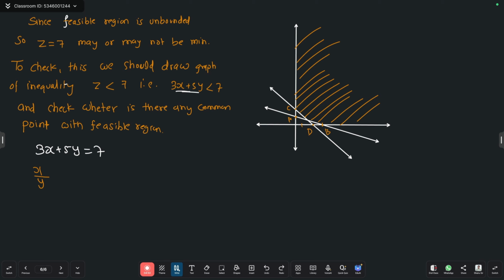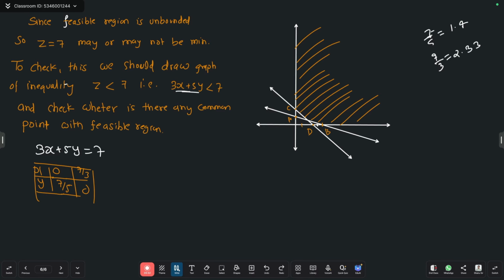If I draw this line, suppose I take x value 0, then what is y value? 7 by 5. If y value 0, then x value 7 by 3. And 7 by 5, how much? 1.4. And 7 by 3, 2.33.